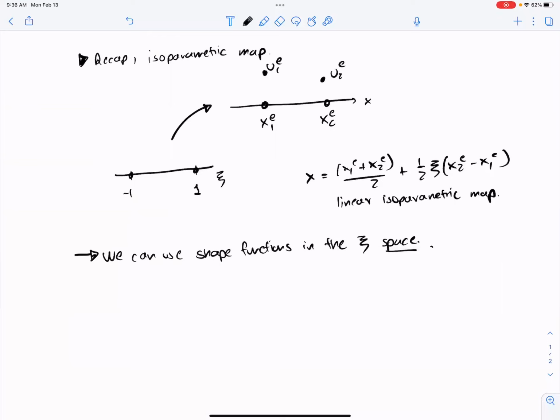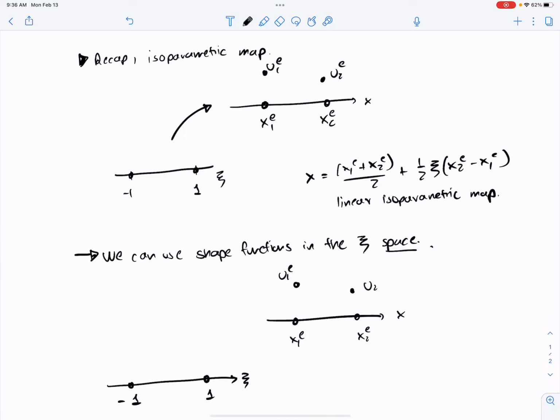So let me repeat that diagram. We have the xi space and we have the x space. And then we originally are told that we have these two values, right?